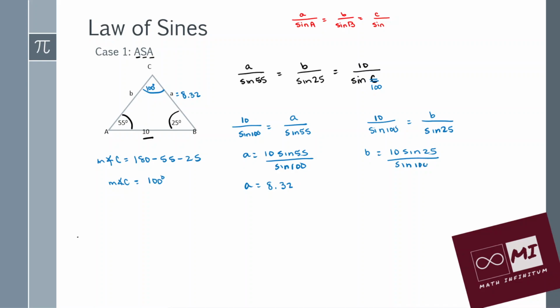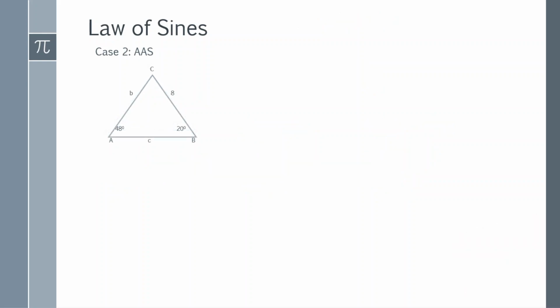And I can find side B. And we get 4.29. So if I know two angles and the side in between, law of sines works nicely. Okay, let's try another one.